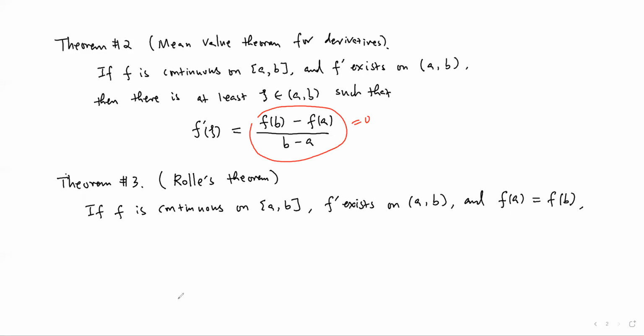Now, conclusion: there is at least one point psi between A and B such that the slope of the tangent line there is 0. Slope is 0, tangent line is horizontal. Okay.